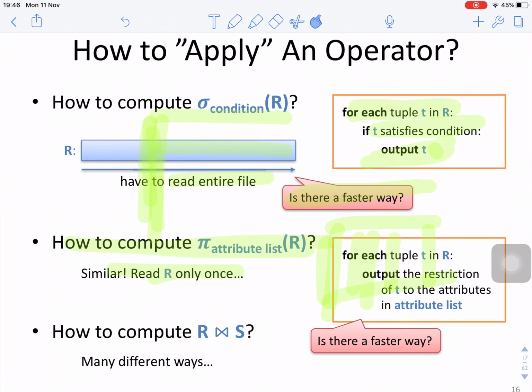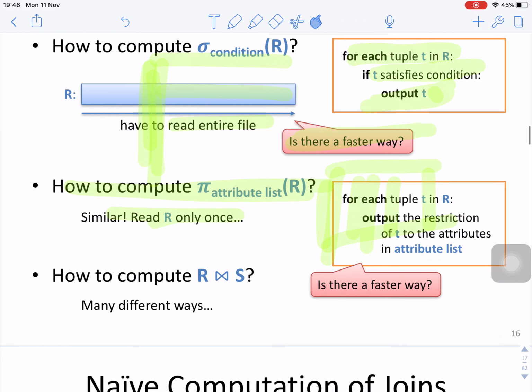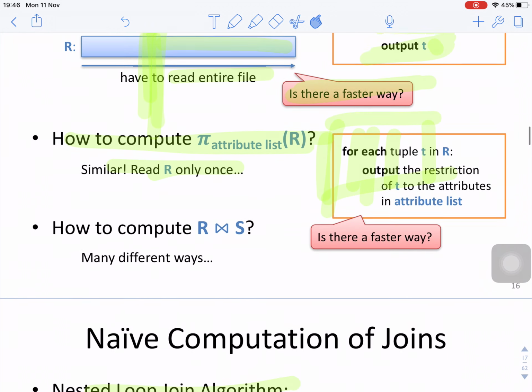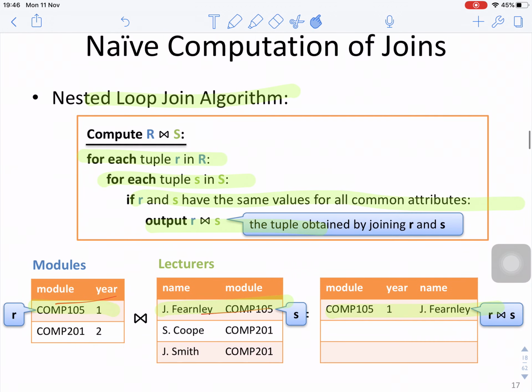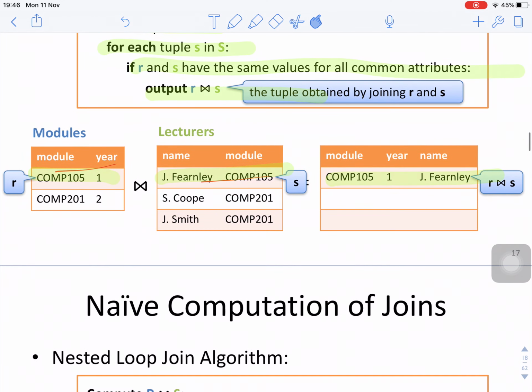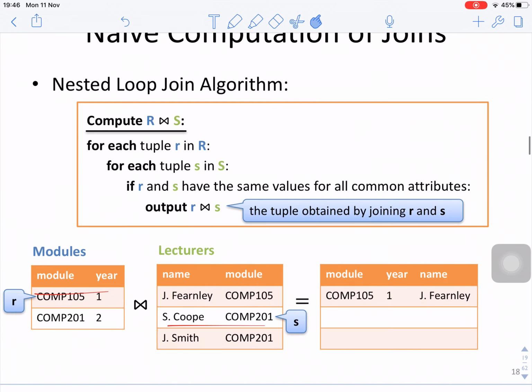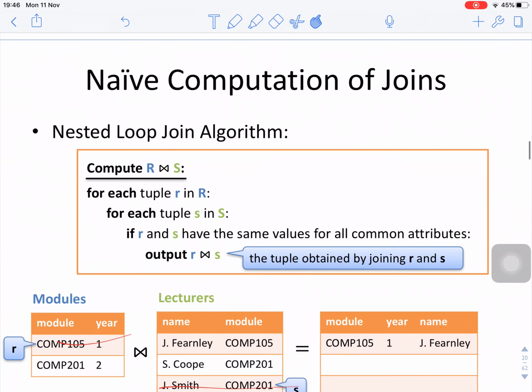And how to apply the operator is how to compute the select condition R. We can read through the whole file, or we can use the naive computation of the joins, which is just: for each tuple in R, for each tuple in S, if they have the common values, the output is the natural join. But this is too slow.